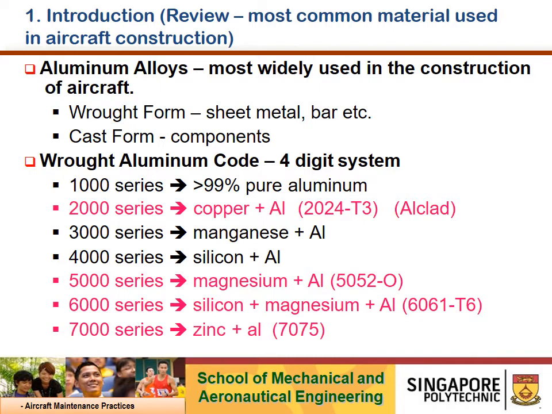As we know, aluminum alloys are widely used in the construction of aircraft structure. They may come in the form of rod or cast.